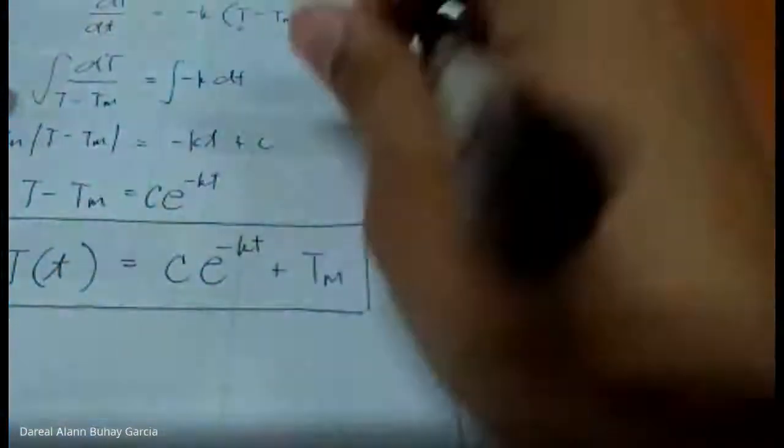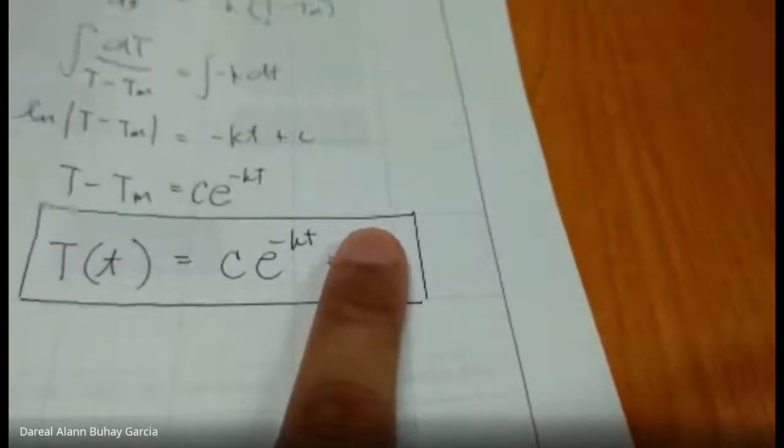Din siya ang general solution for any temperature problem. Ang kanila nga problem earlier, Tm is 0. That's why 0 ni siya. Pero kung dili 0 si Tm, and after ani, algebra na dayon. Okay?